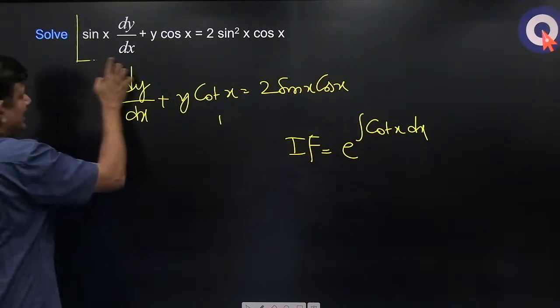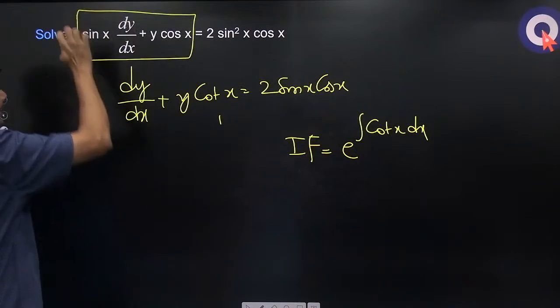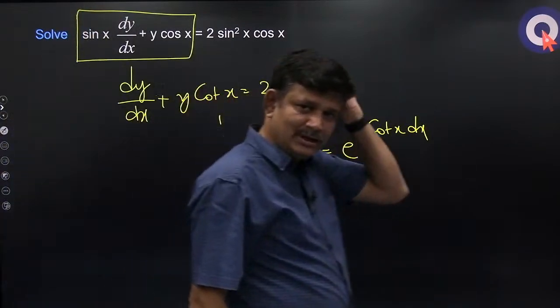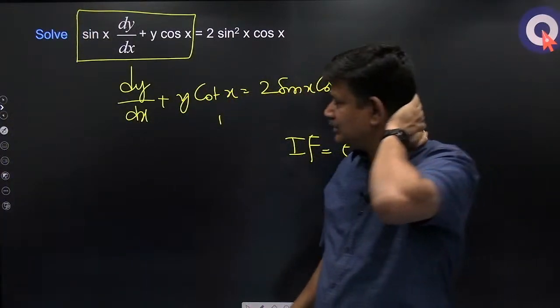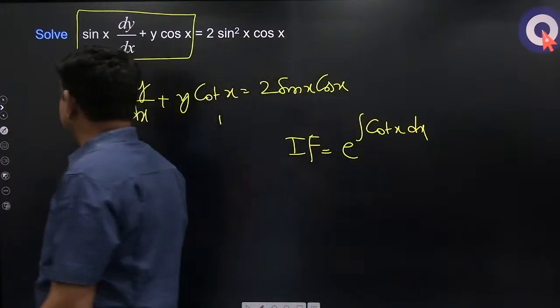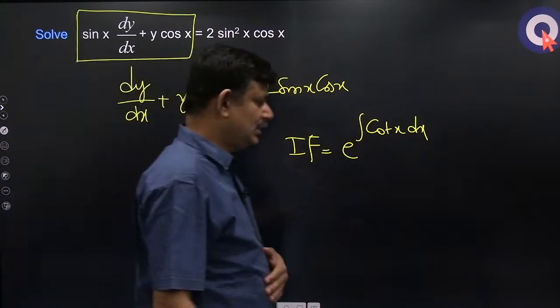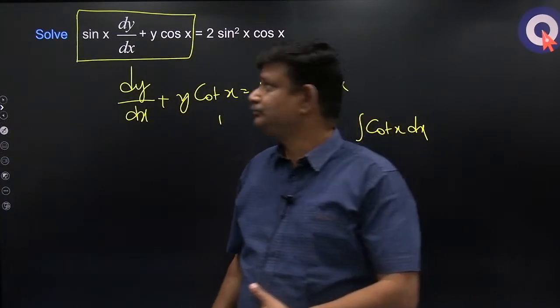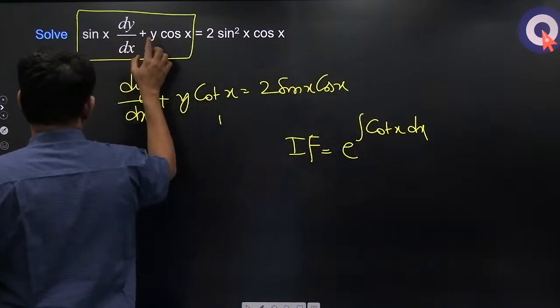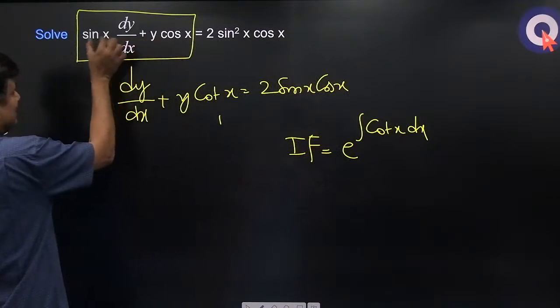But if you observe this closely, we will do more such things in exact differential equations. If you observe this closely, this is the derivative of which function? You can see the UV rule here: y, the derivative of y, sin x, the derivative of sin x.